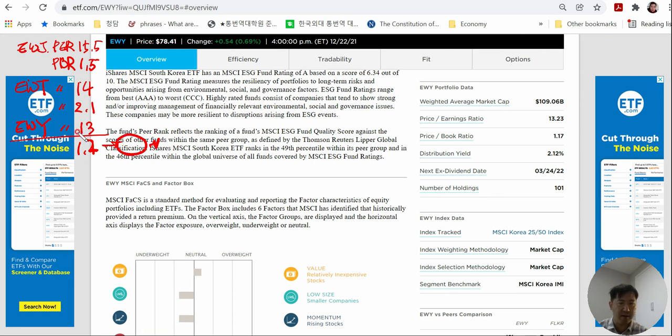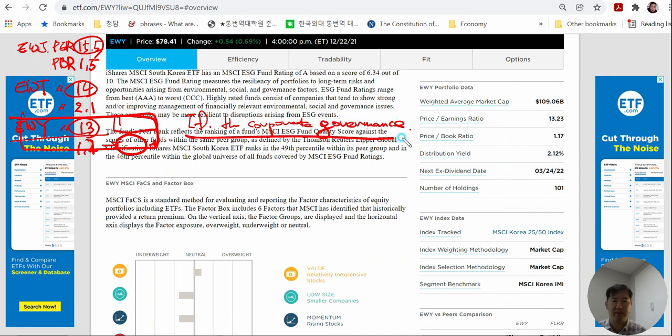And if we compare it with the earnings, it's also cheap, okay? So I would say if the corporate governance issue is resolved, it has the biggest potential to give better multiples. Why not PER 20, right?